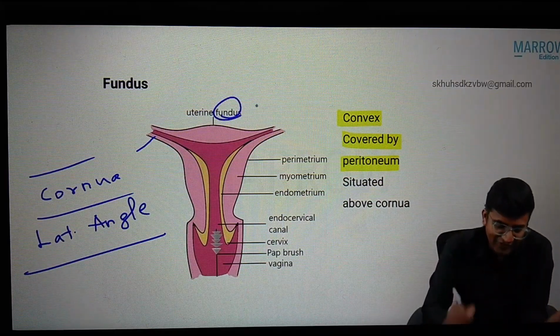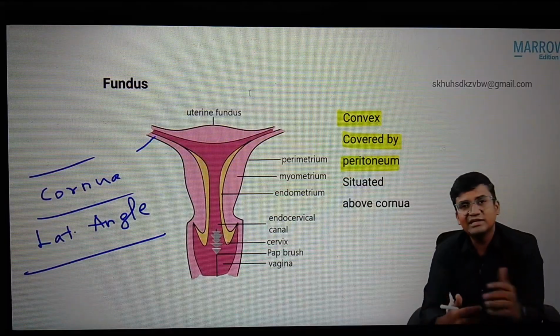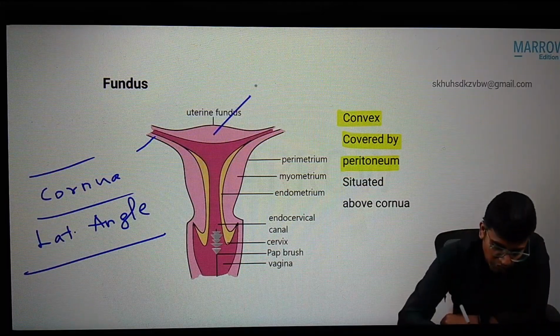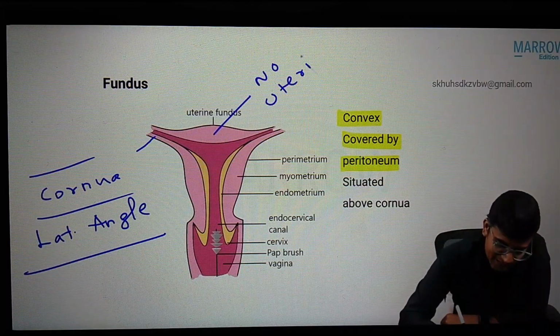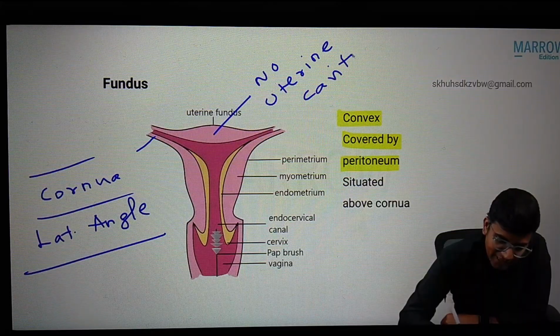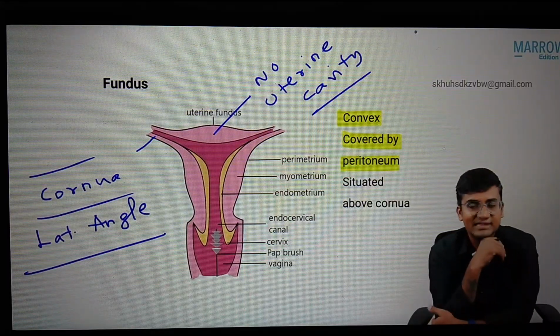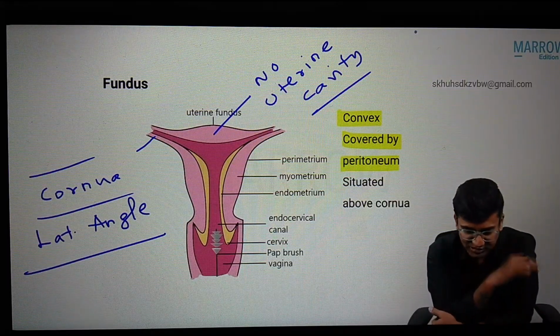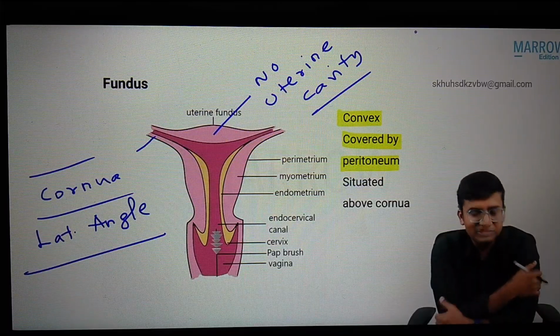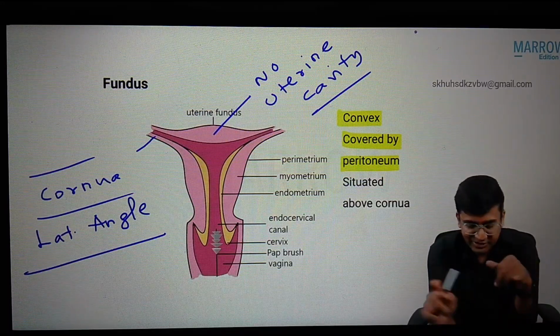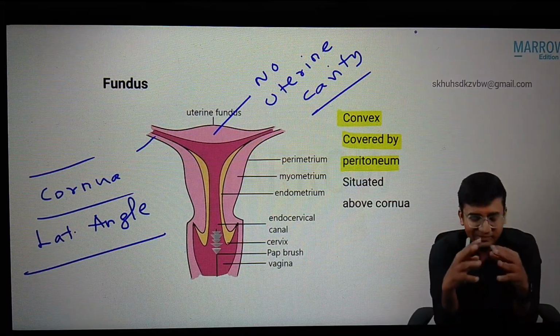In the fundus, do you see the uterine cavity? No, no uterine cavity is present in the fundus. So these are the points you have to know about the fundus of the uterus. Very simple. It is covered with the peritoneum, and you don't see the uterine cavity.